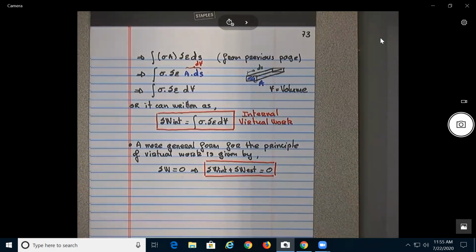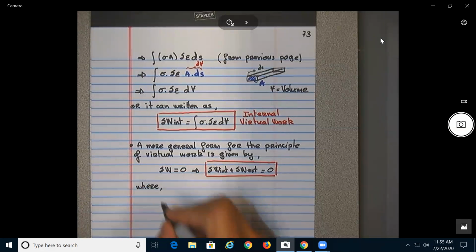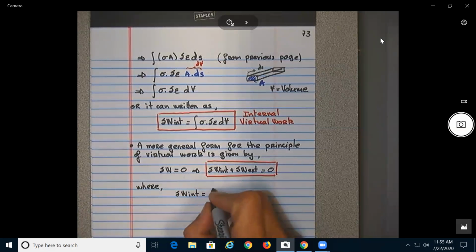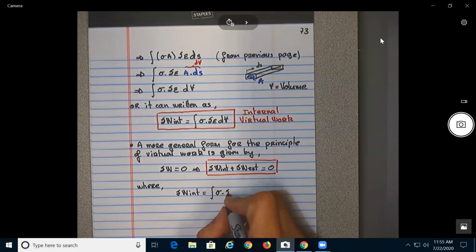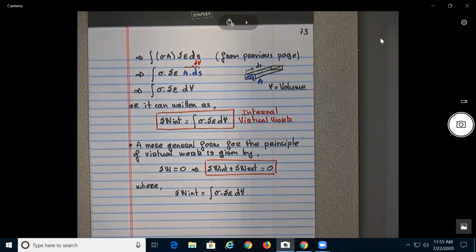So the external will be pretty simple. It will always be what we just defined, the force times the virtual displacement, okay? So if you want, in this equation you will have theta, and for the external, let's see what notation I can use so I don't confuse.